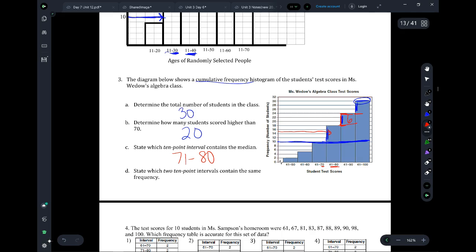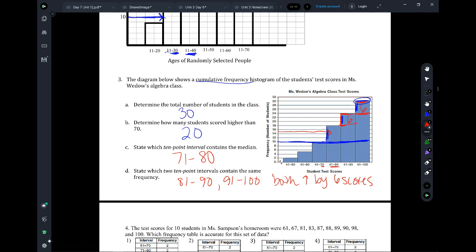And this one is from 24 to 30, so that also adds 6 on there. So I'm going to say from a score of 81 to 90 and 91 to 100, both increased by 6. Okay.